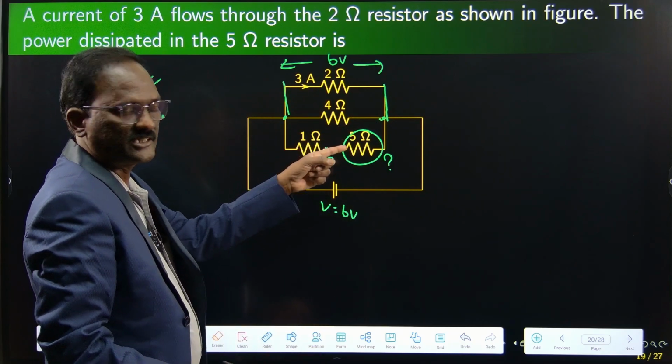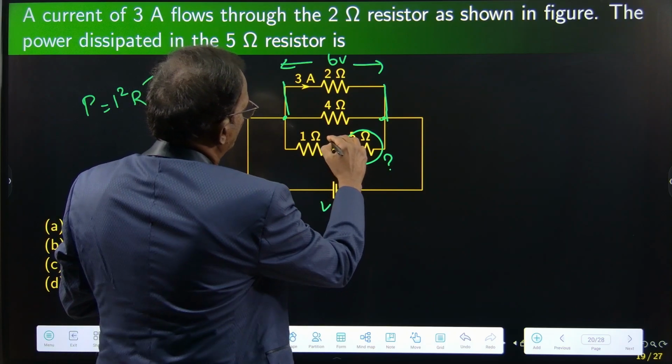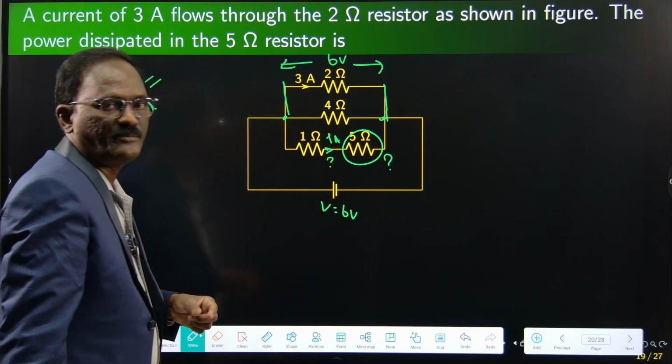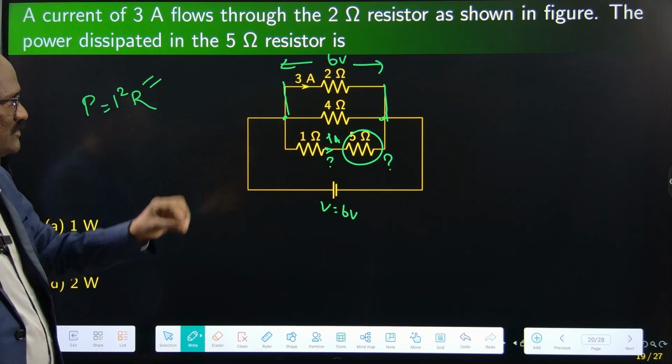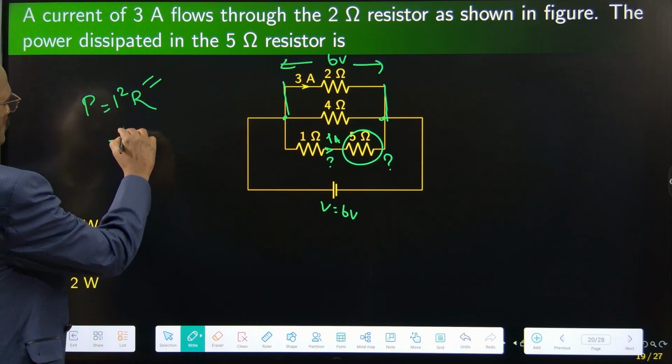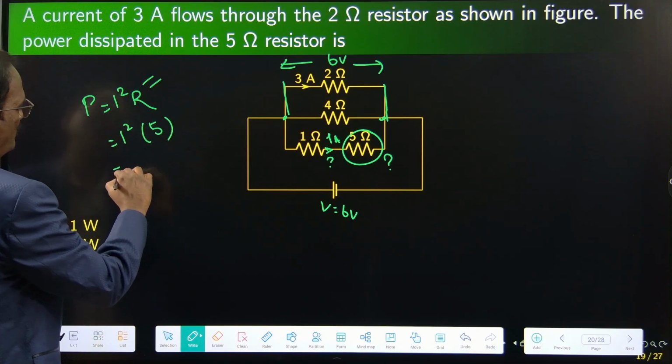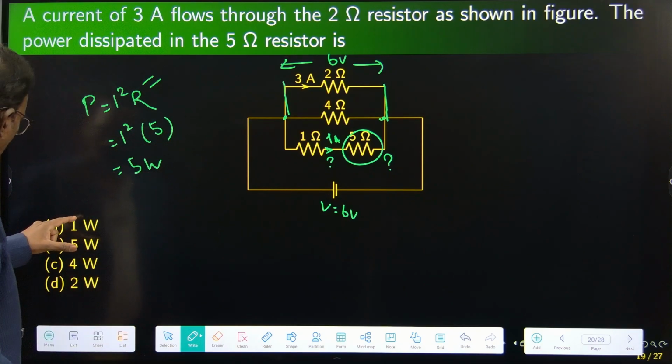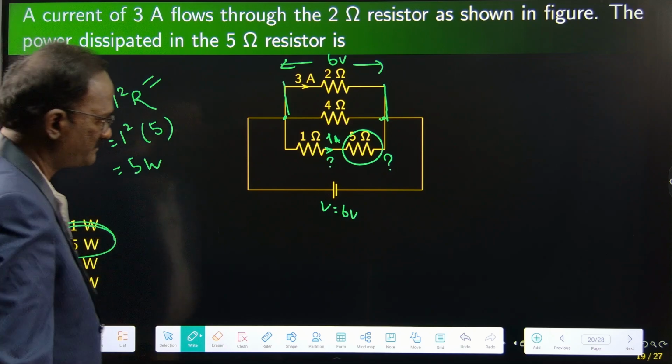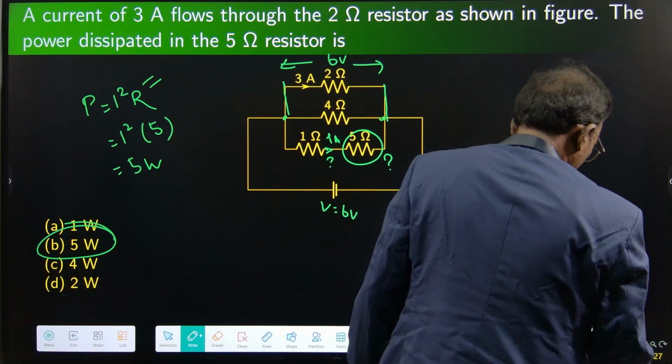Then 6 divided by 6 ohms is equal to 1 ampere current through this branch. Then 1 square into 5 ohms, 5 watts. The answer is 5 watts, option B.